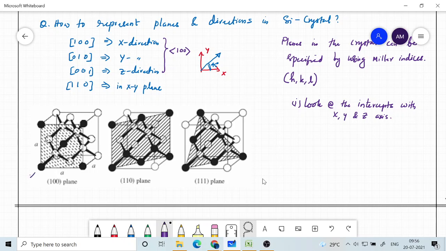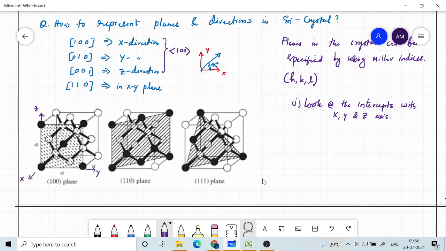This is our x, this is our y and this is our z. What you need to do is look at the intercepts it makes. With respect to the x axis, the origin is somewhere here at the bottom before this plane. The x intercept is, say, 1.